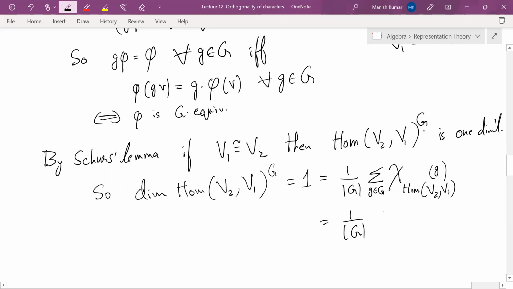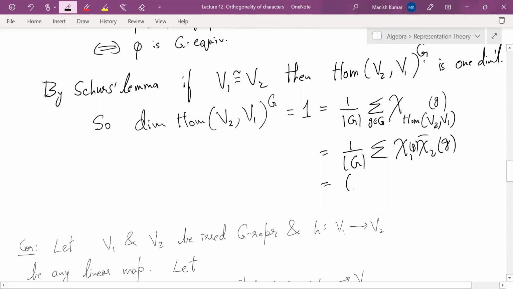Of course, now we can use the character for the Hom. So this is chi1(g) times chi2 bar(g), which is precisely the pairing of chi1 and chi2.